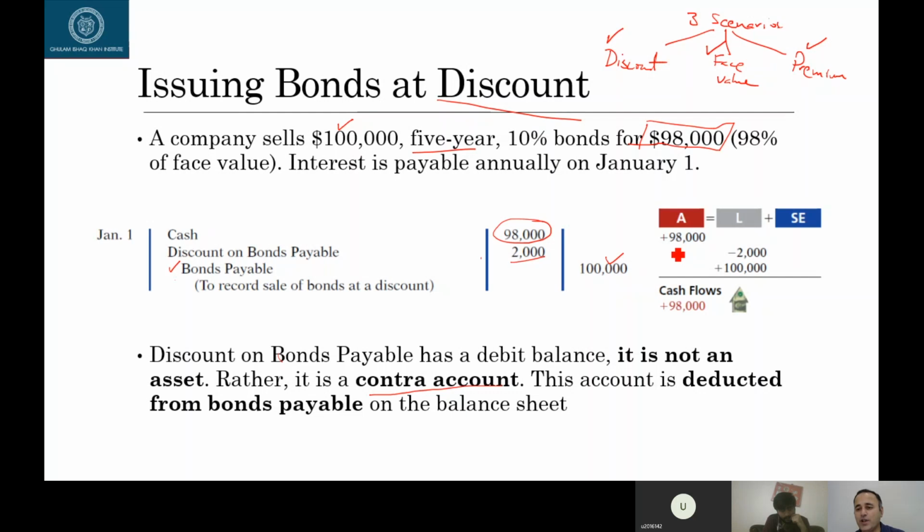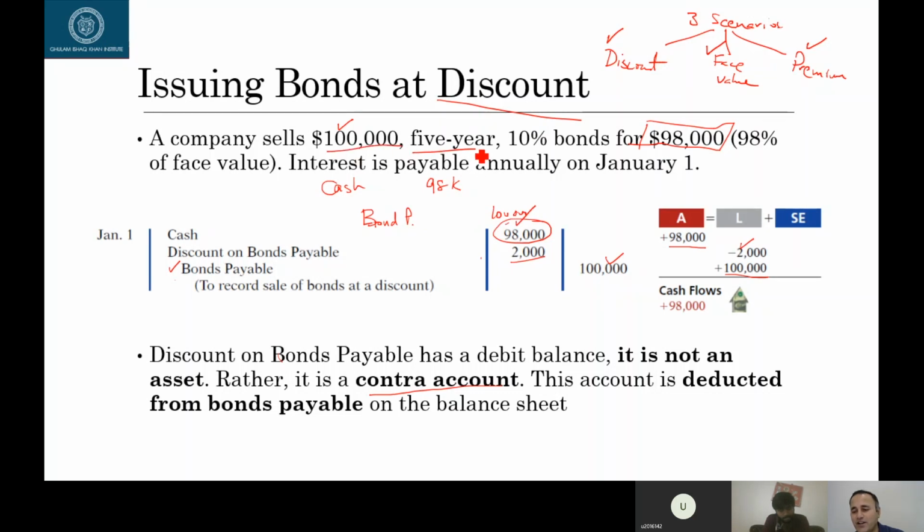And as you can see, you get $98,000 cash. There is a discount of minus $2,000, and you created a liability of $100,000. The easiest way to record this transaction is, of course, to record cash first. So cash, 98K. And you created a liability, so bond payable is 100,000 because it's a face value of 100,000.